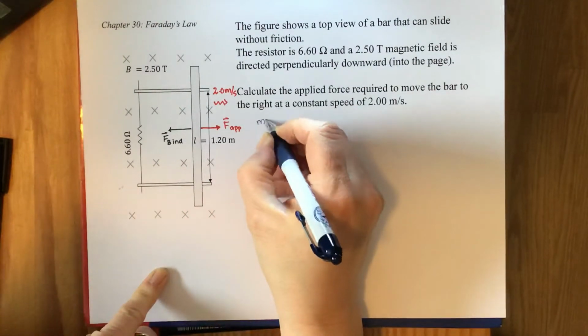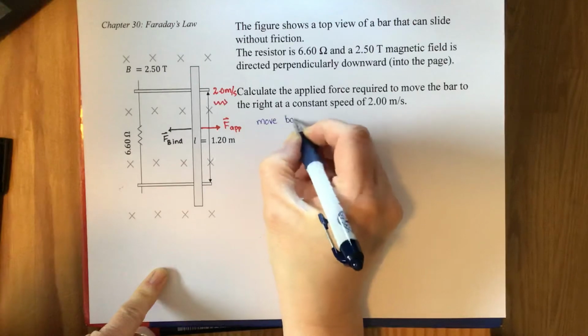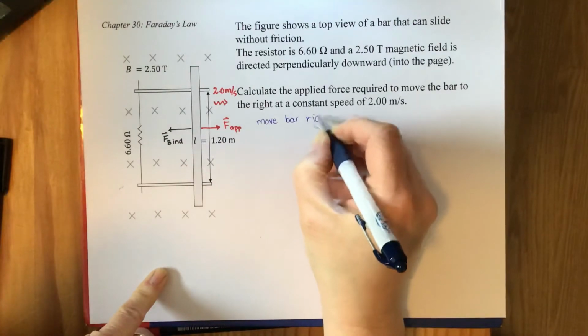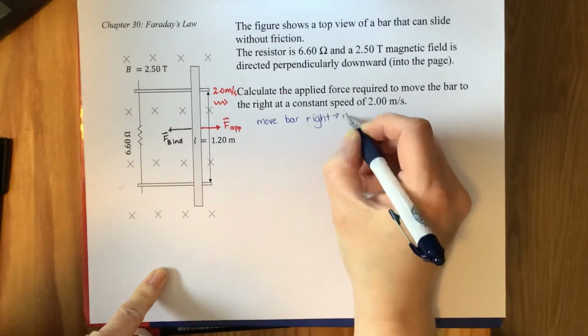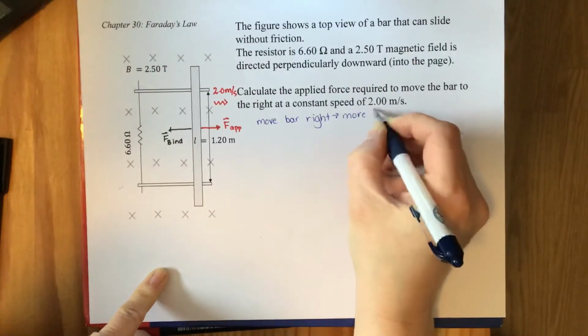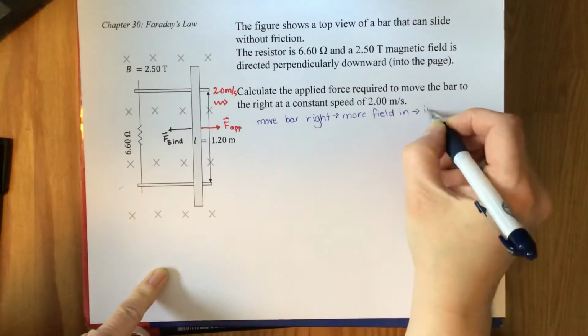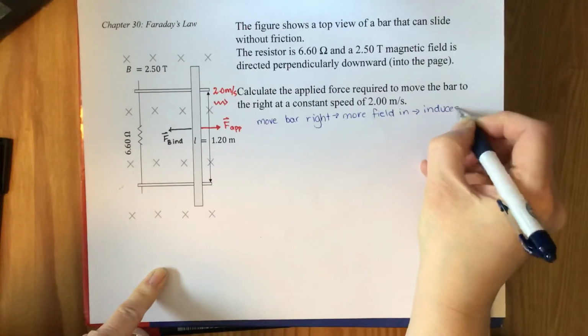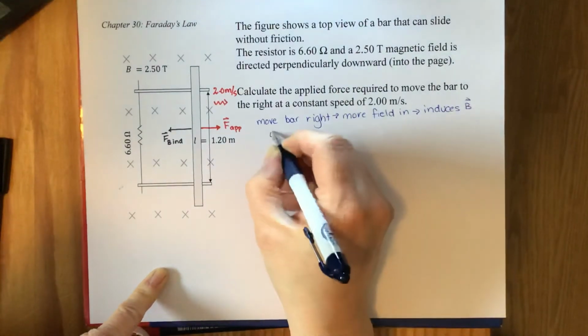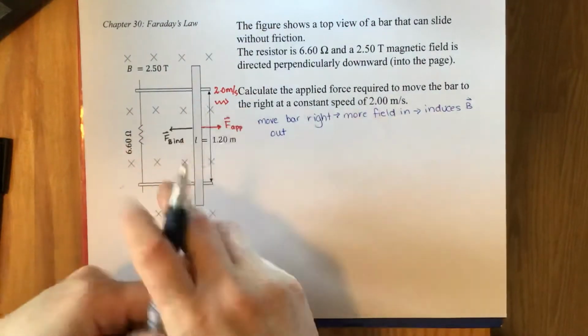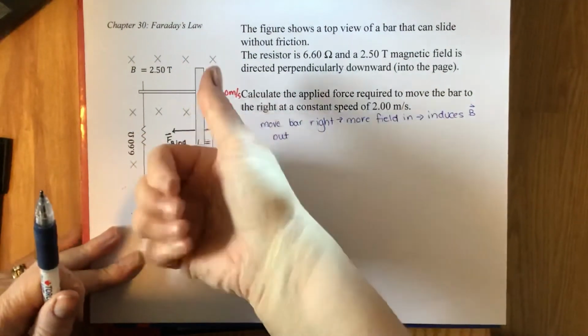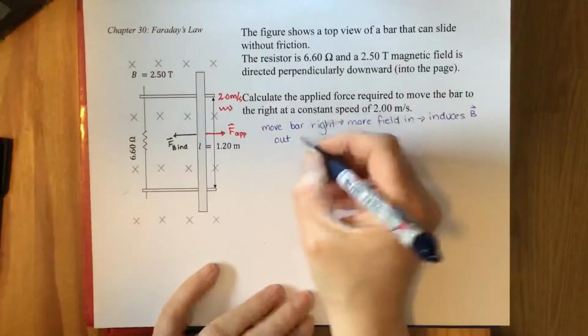So we move the bar right. That gives more field in, which induces B out. So if our induced field is out, then the current in this part goes straight up.